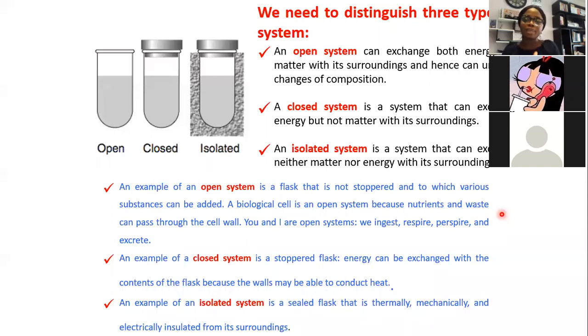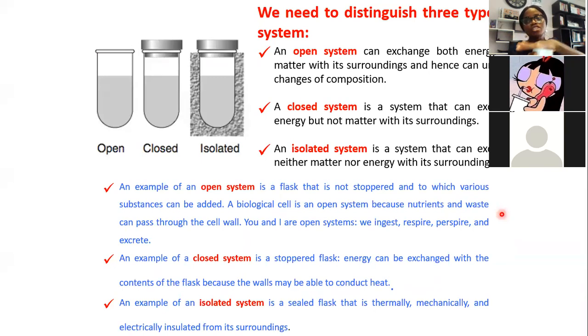Now, a closed system is a system that can exchange energy but not matter with its surrounding. So assuming this cup was closed and this mug is not insulated, it can only exchange heat, because this vessel is going to get hot and I'm going to feel the heat on the outside.